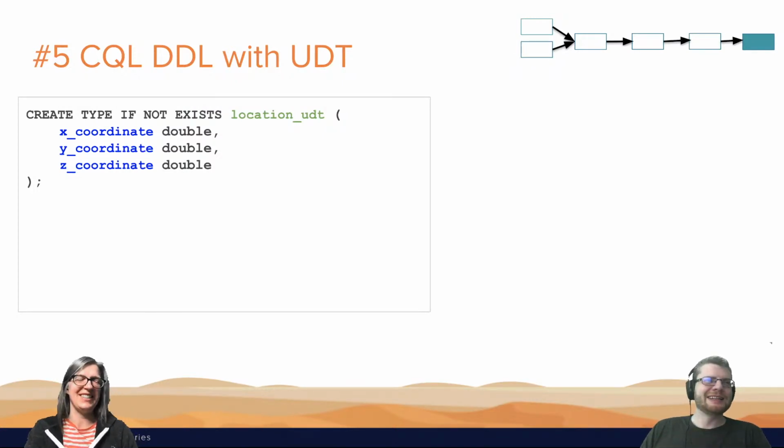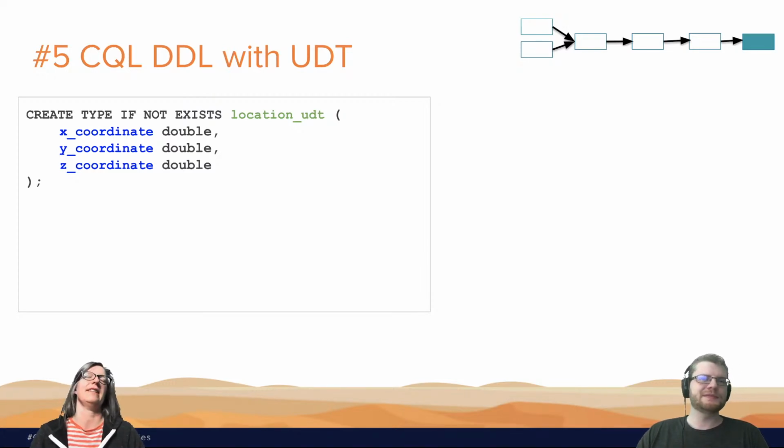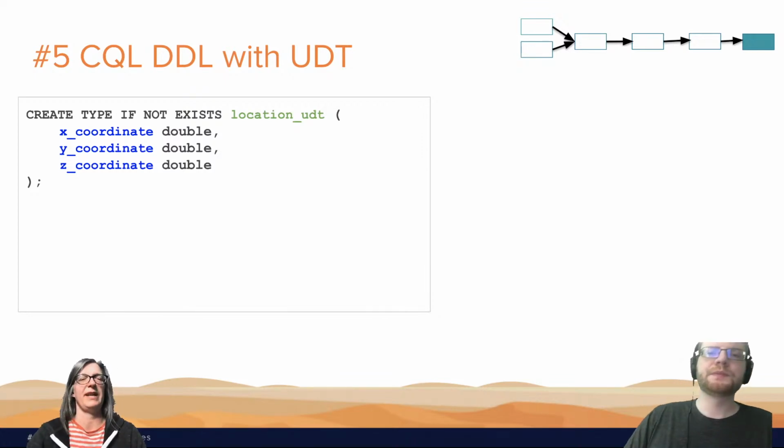Yeah, they're not silver bullets. I think the drivers handle these things a little bit differently, so it's worth exploring in the examples that we have, but don't fall in love with user-defined types. They make things extra complex, but it's worth pointing out how it works.